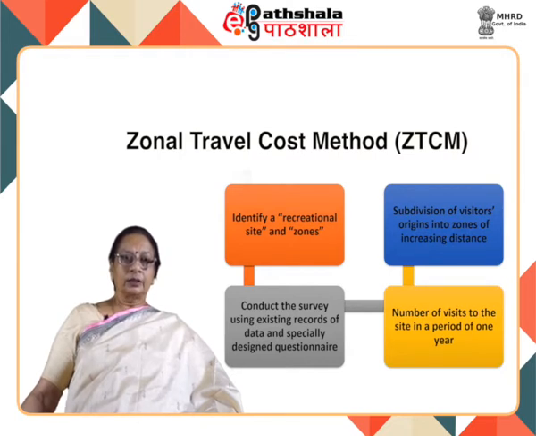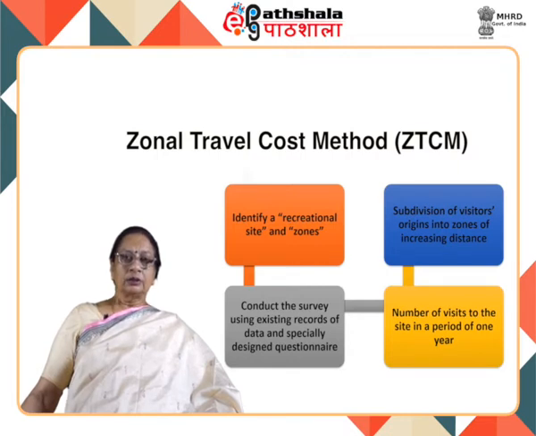Third, number of visits to the site in a period of 1 year, usually made in the previous year. Fourth, subdivision of visitors' origins into zones of increasing distance. The travel and time costs both increase with distance.